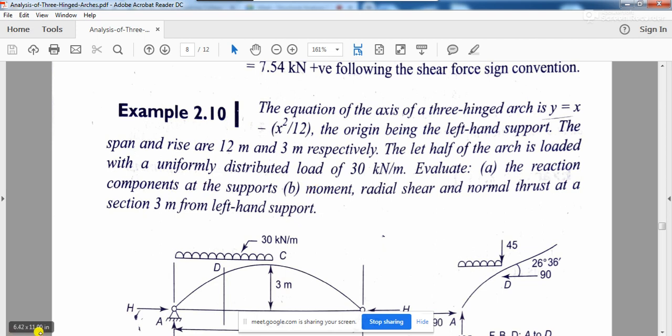That means the equation of this curved portion is y is equal to x minus x squared by 12. The origin being the left hand support, the span and rise are 12 meter and 3 meter respectively.